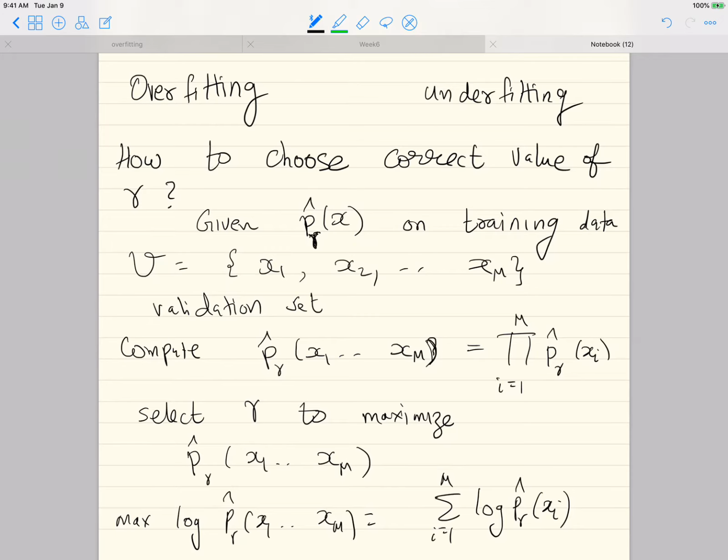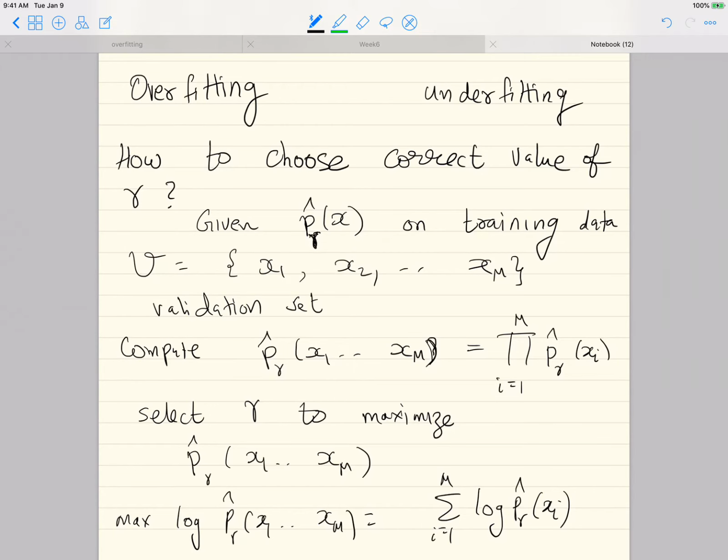Anytime you have a hyperparameter that you want to select, there is usually the one thing to do. Look at the validation set and see which value of the hyperparameter performs best on the validation set. Sometimes the hyperparameter is a regularization constant, right, as we saw in least squares. In this case, it is the kernel width.